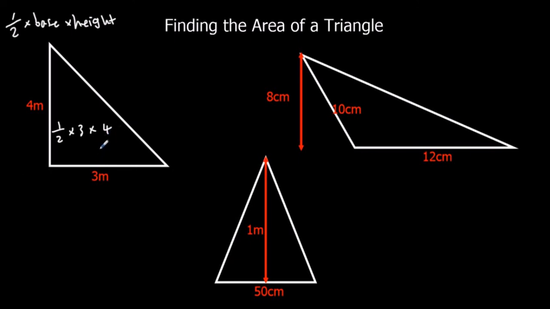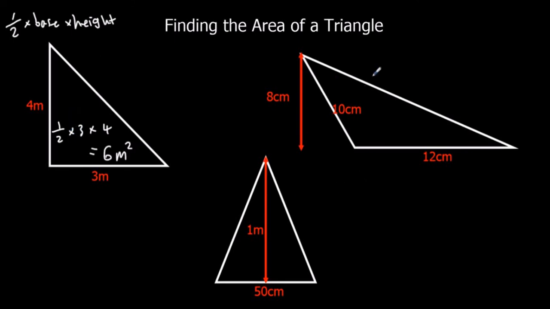It might not be the easiest way, but we'll just do it that way. So half of 3, that's 1.5, and 1.5 times 4, that's 6. So this is 6 meters squared. I think it would have been easier if we did 3 times 4 first and got 12 and then halved it. But yeah, because you can do this multiplication in any order.